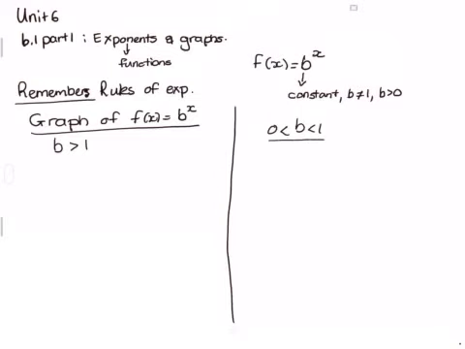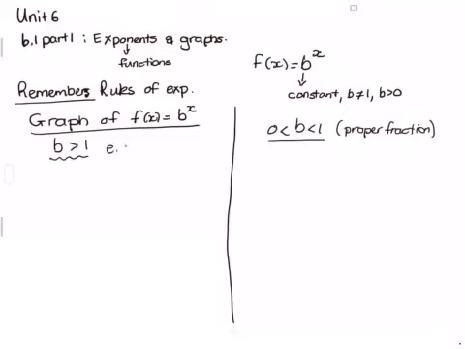So in this case, it will be a proper fraction because it's less than 1. But of course, it can be written in a decimal form. First, we're going to look at this one, if it's bigger than 1.